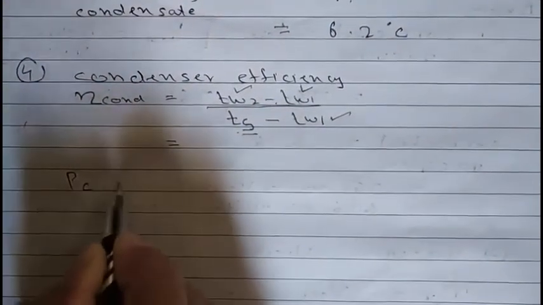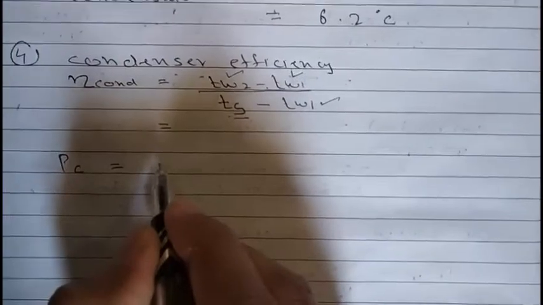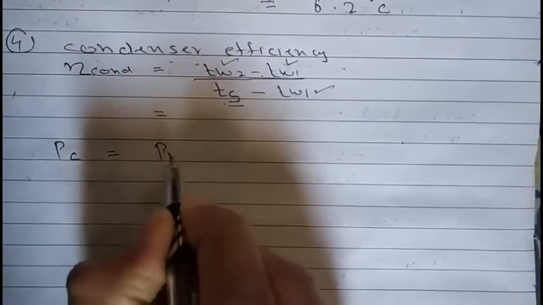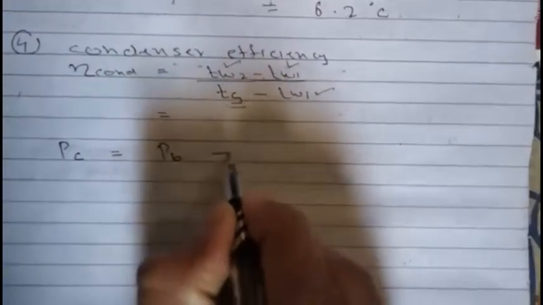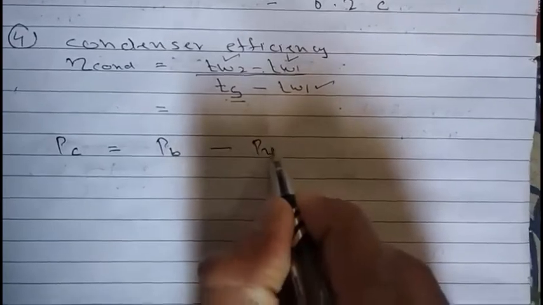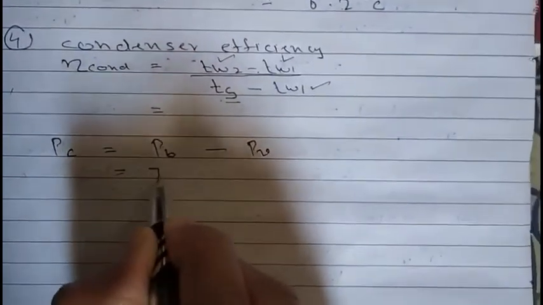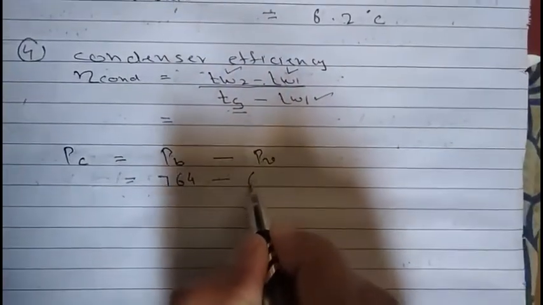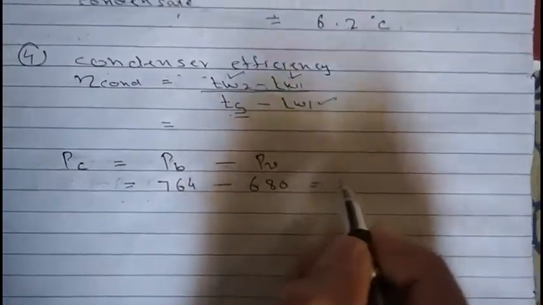How to determine the absolute pressure inside the condenser? We know that the absolute pressure inside the condenser will be equal to the barometer reading, the local atmospheric pressure, minus the vacuum gauge reading, the vacuum pressure, we can say. So local atmospheric pressure 764 mm of Hg, minus vacuum gauge reading, it is showing 680 mm of Hg.